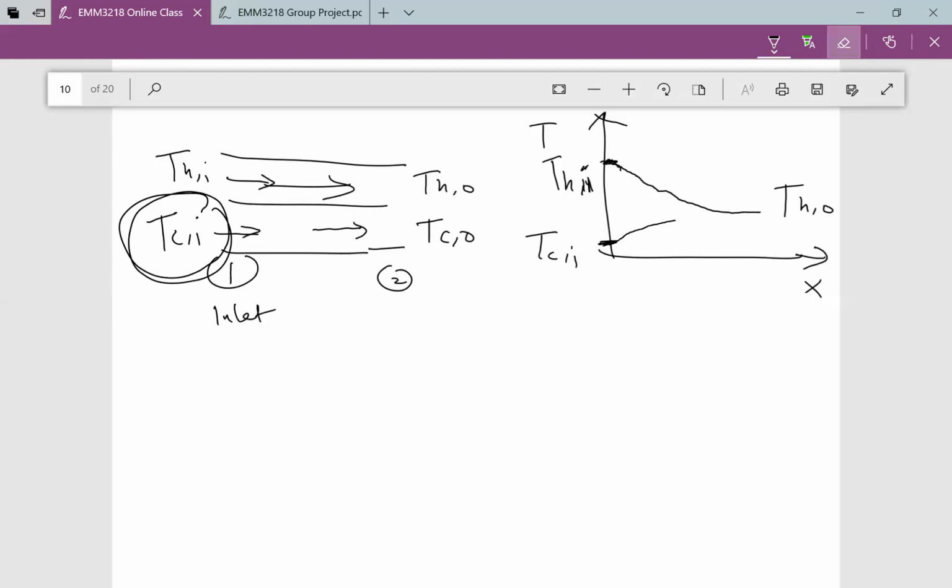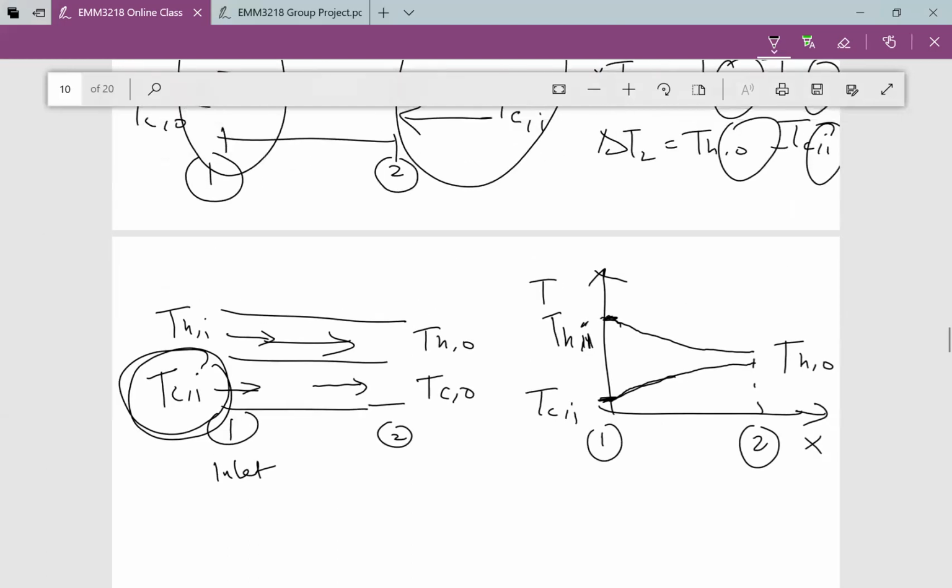The picture is not that good. This is at 1, this is at outlet 2. So that's how the temperature looks if you have a parallel flow.